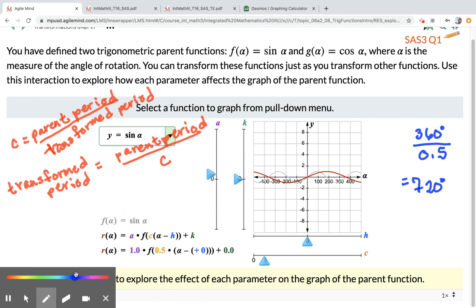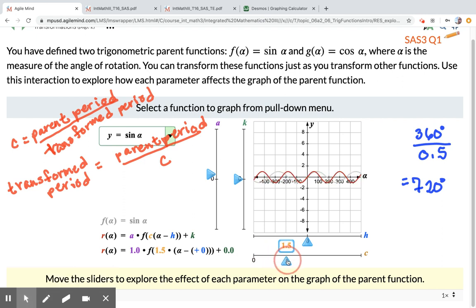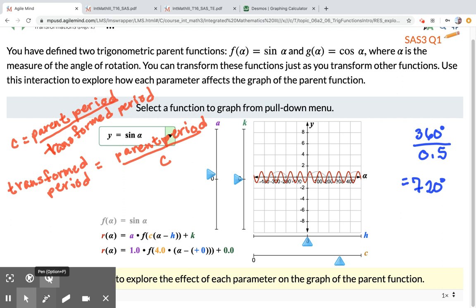If I use a different color, just to demonstrate. And remember how we said if C gets bigger? If my C is, I'm going to make my C go all the way up to 4. So if my C is 4, take a look. Because my C is greater than 1, it squished it down. Why?